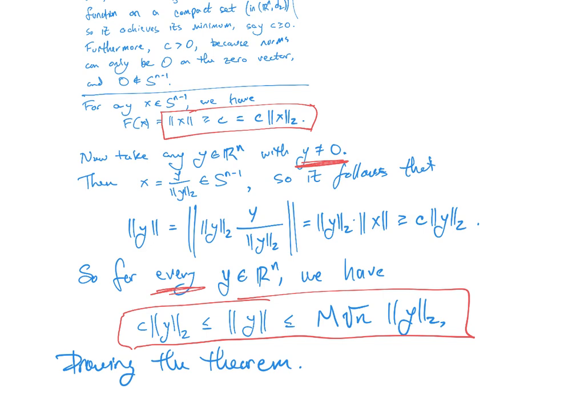Sure, c is greater than 0, yes. But this is still true for the 0 vector, because if y is the 0 vector, then you'll get a 0 there, and a 0 there, and a 0 there.